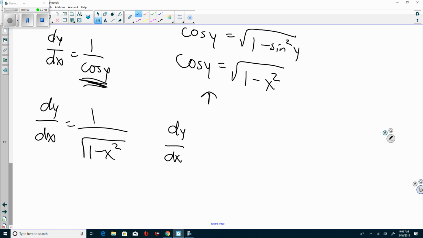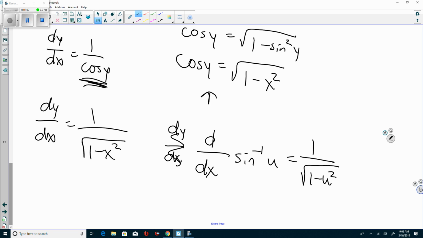I want d dx, sorry. There's not always a y. Okay, so your d dx of sine inverse of u, because remember, u is going to represent any expression, anything, 3x squared, 2x plus 1, whatever, it's going to equal 1 over the square root of 1 minus u squared.